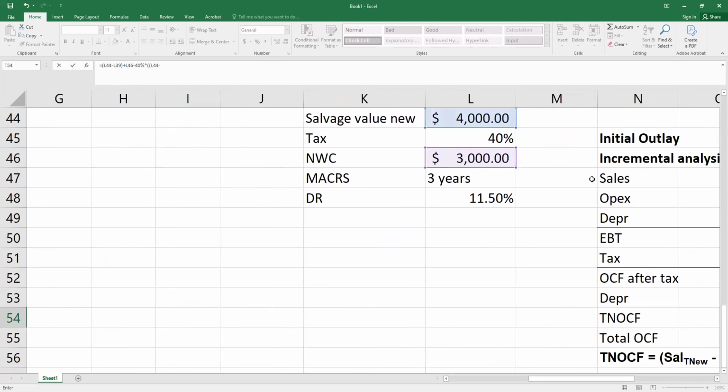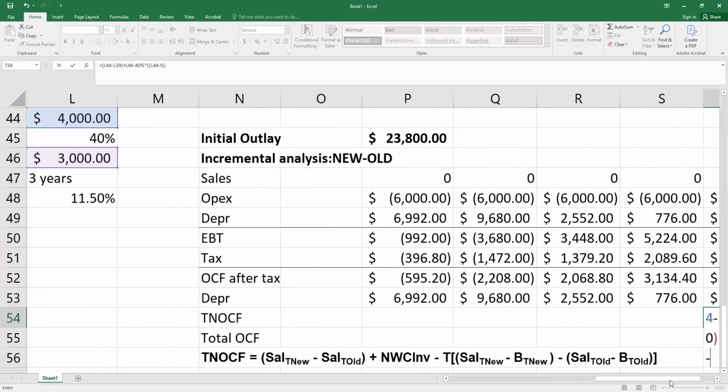And minus salvage value of old minus the book value of old. But we don't have the salvage value of old. If in case you had it, then you can put it. But in this case, we don't have it. Again, I'm going to put the formula saying 0 minus 0, like this. Okay?